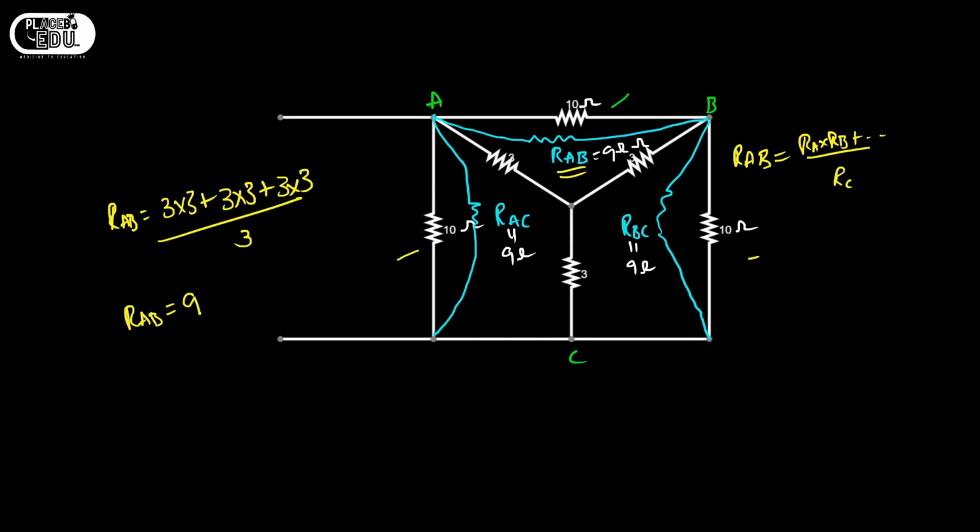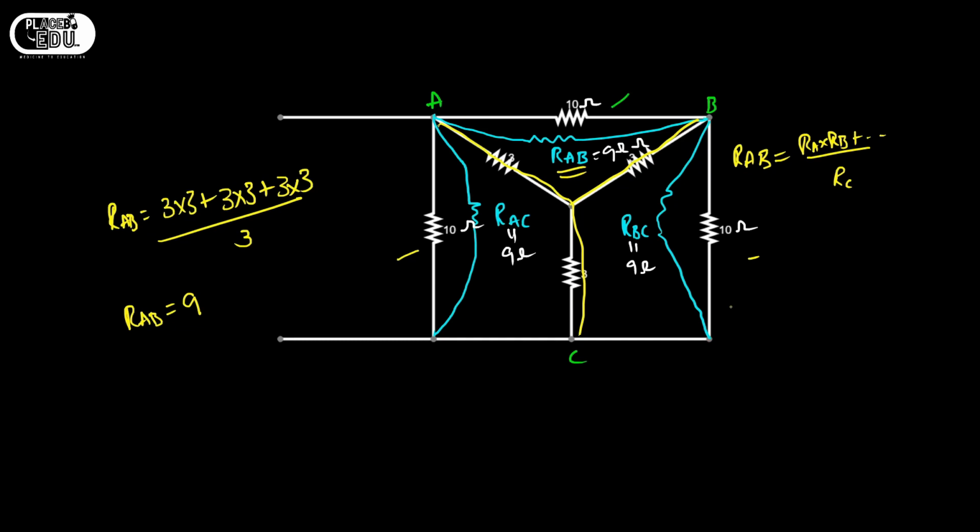That's why I considered this star which is of equal resistors instead of considering this 3, 10 ohms. So I got a very easy solution by considering the equal resistance star.